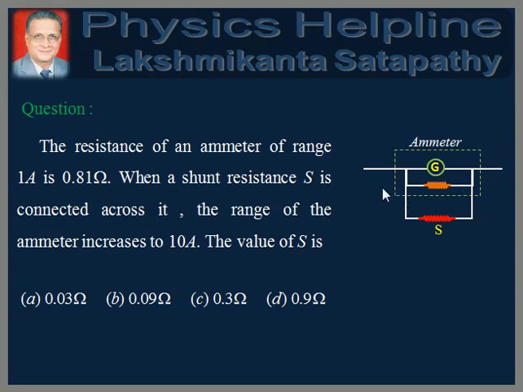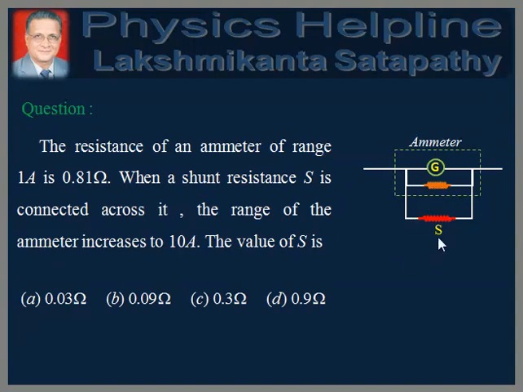The range of this emitter is 1 ampere and the resistance of this emitter is equal to 0.81 ohms, which means that the galvanometer resistance G and its shunt in parallel produces an equivalent resistance of 0.81 ohms.